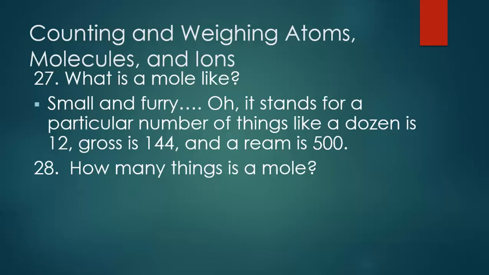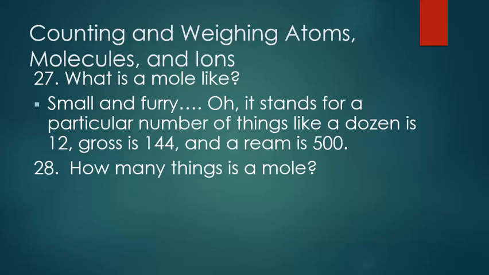Unfortunately for us, where an egg is big enough for us to count, atoms are so small that we can't see. So where 12 eggs is enough for us to handle in our hands, 12 atoms, if we were to place them in the palm of our hands, we would not see. Not even 12,000.